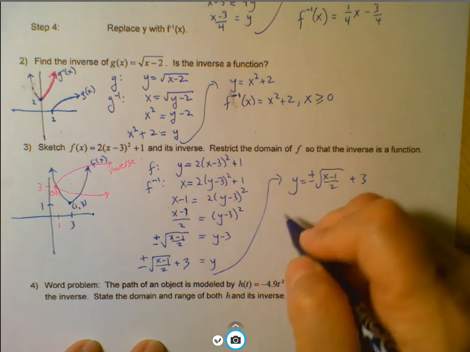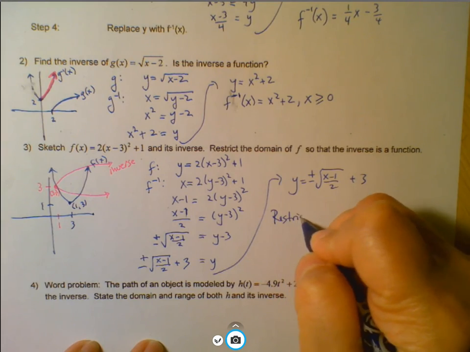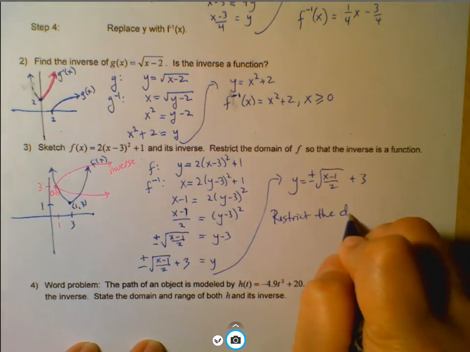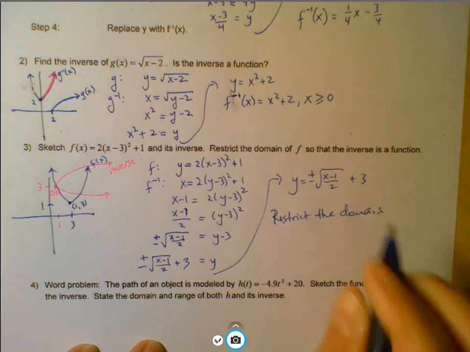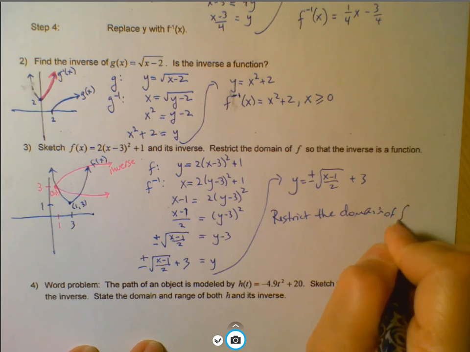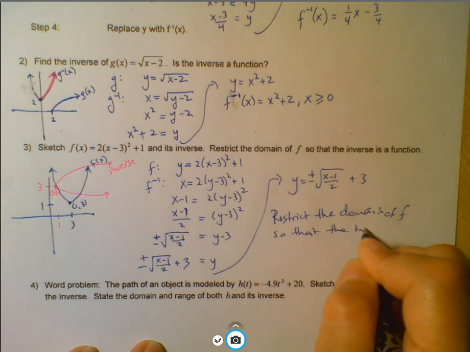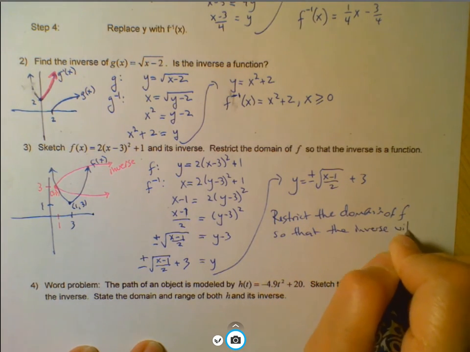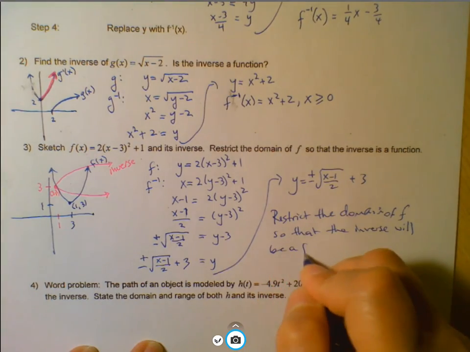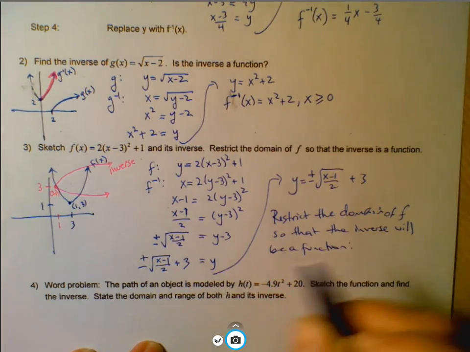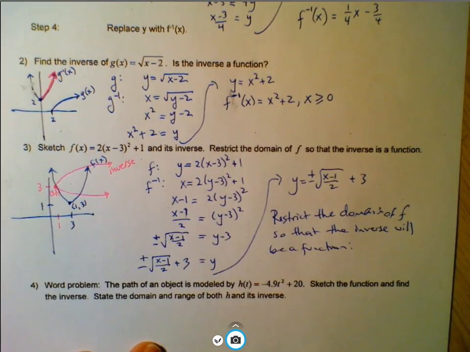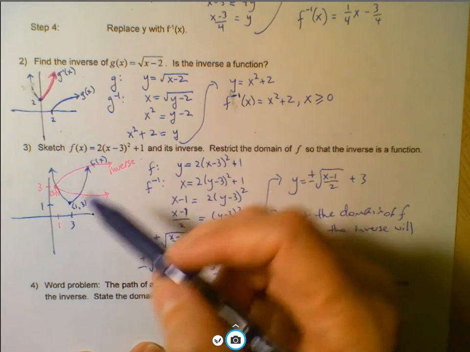So what could I take? So let me just write here, restrict the domain of f so that the inverse will be a function. What should I take? Well, if I take both parts of f, for sure I don't have a function for the inverse, but if I take one of the parts of f, I will.